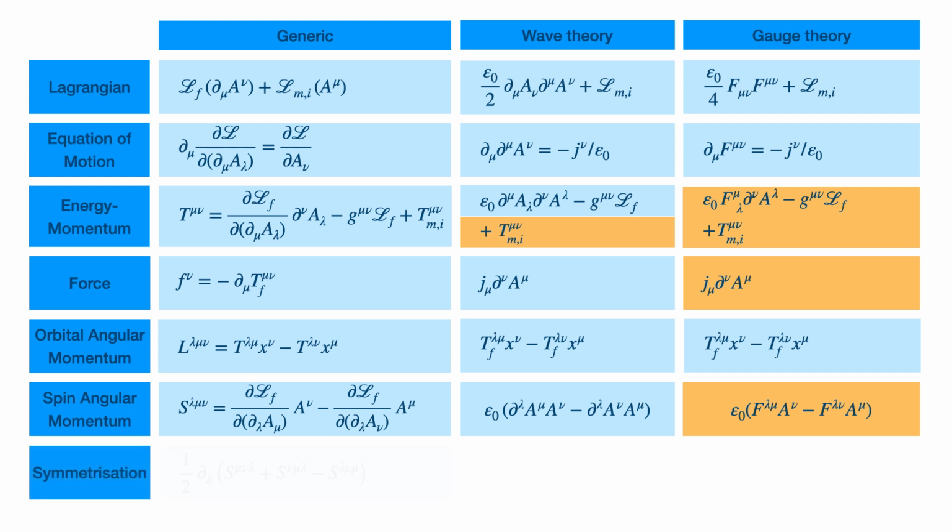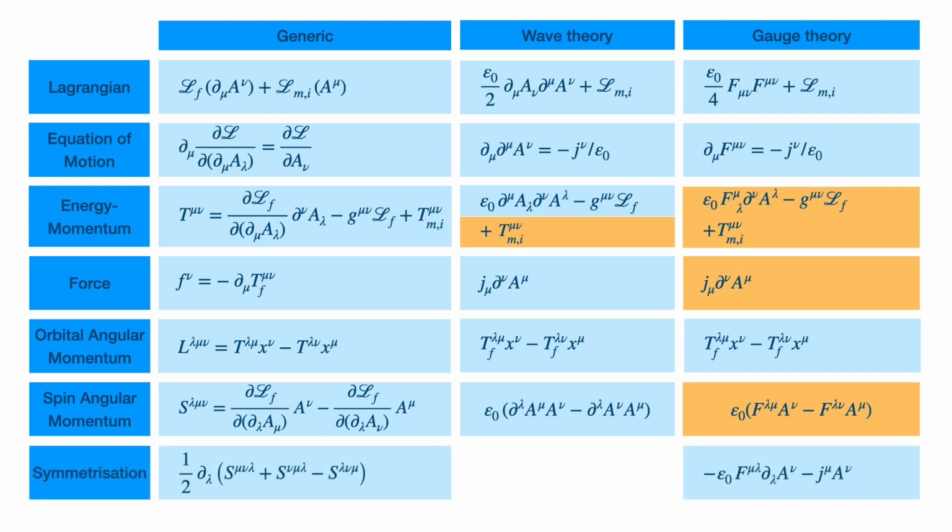Let's symmetrize the gauge theory again. The Belinfante-Rosenfeld correction now contains an additional interaction term. Upon symmetrization, the field energy momentum is again symmetric and gauge invariant. Additionally, there is the matter plus interaction term minus j mu a nu.